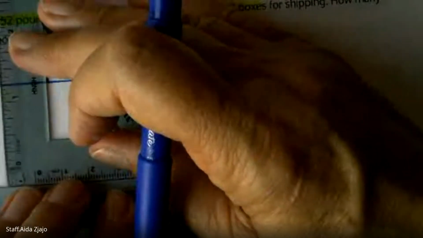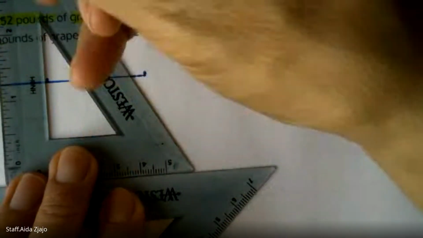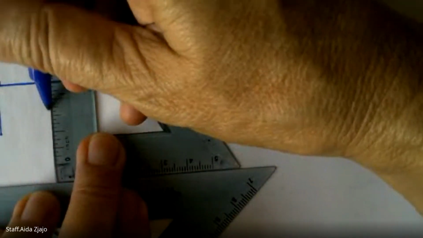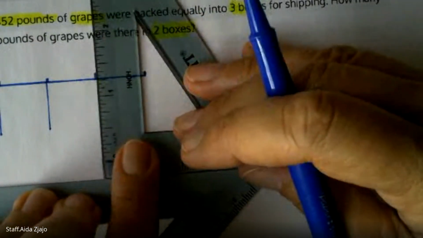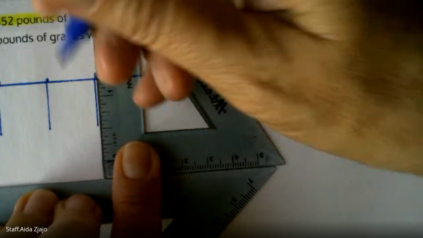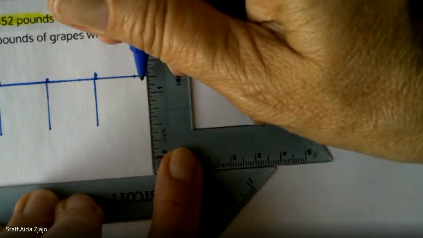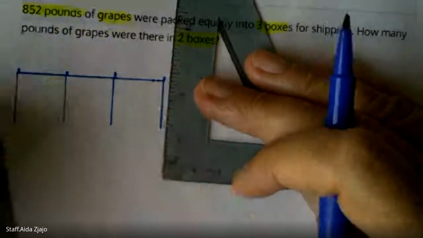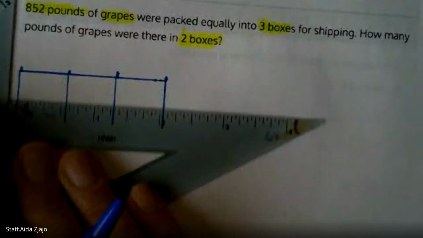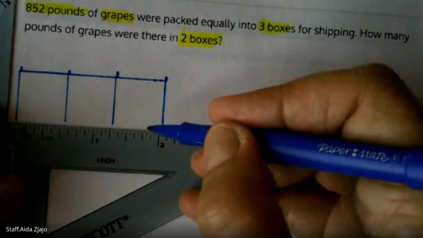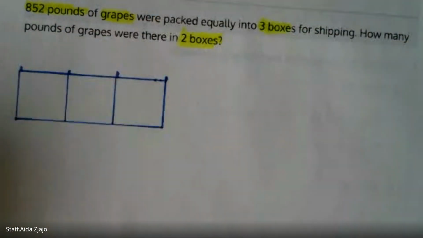Okay, and they also say that these 3 boxes have 852 pounds of grapes. So the total of these 3 is 852.